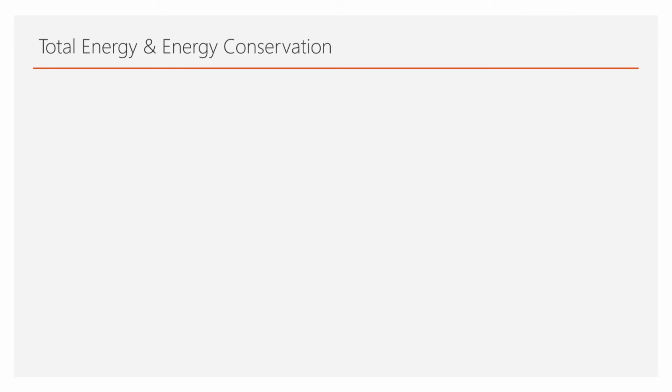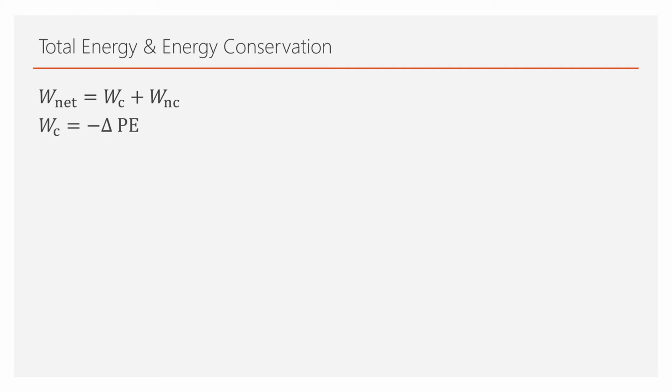Let's look at the total energy of a system and when the total energy is conserved. We know that there are two kinds of forces. Forces that can be associated with conservative work and forces that are associated with non-conservative work. We can say that the net work done is the summation of work done by the conservative forces plus the work done by non-conservative forces.